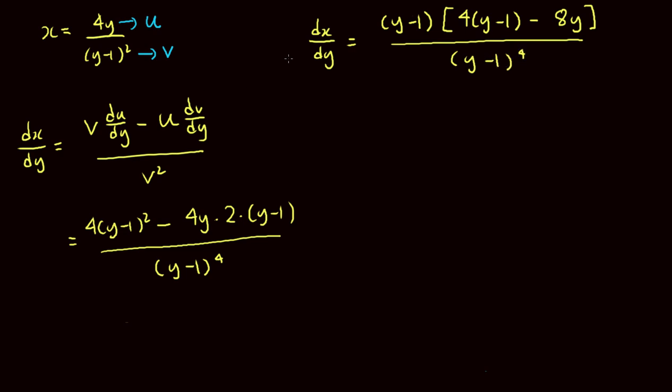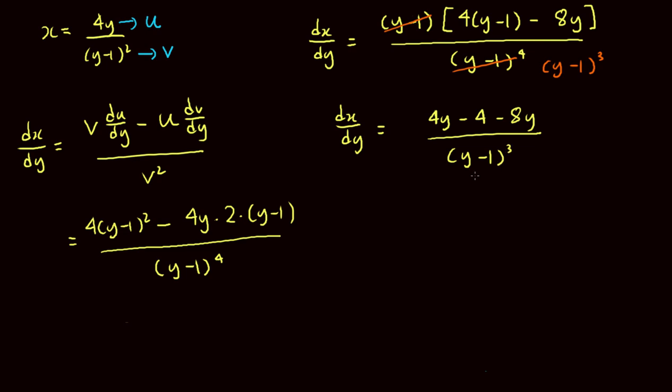As I cancel it out, we end up having (y minus 1) cubed. Therefore dx/dy equals (4y minus 4 minus 8y) over (y minus 1) cubed.